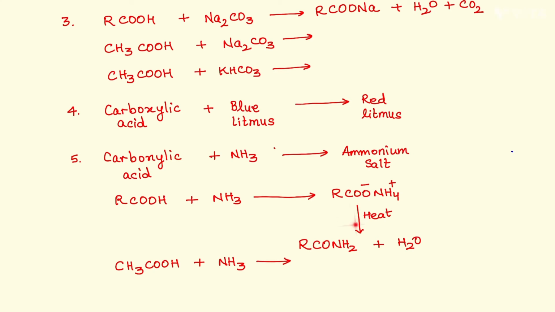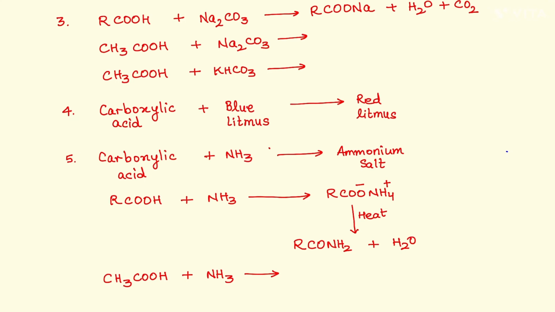Interestingly, when we heat this ammonium salt, we get an important organic compound, and that is an amide, RCONH2 plus water. Now, your turn to take the board. Try completing this reaction and also form the product of heating this particular compound.